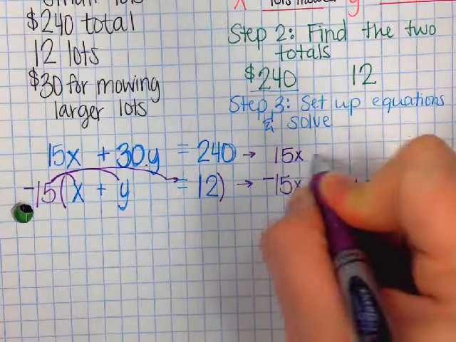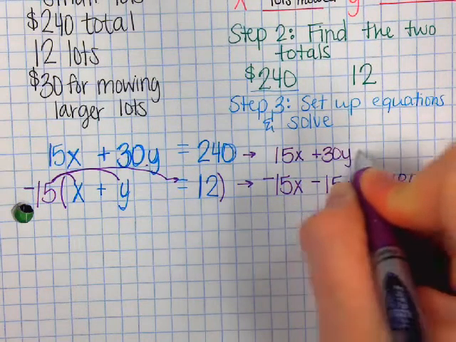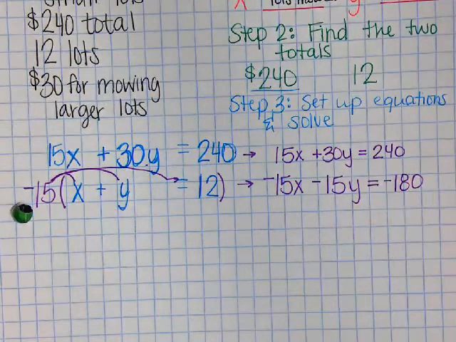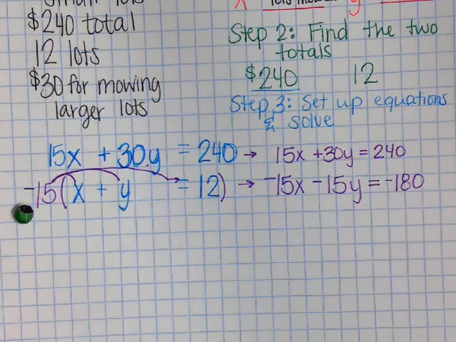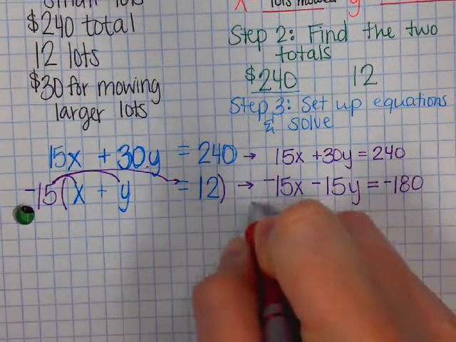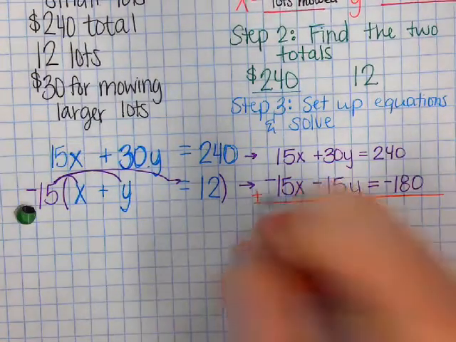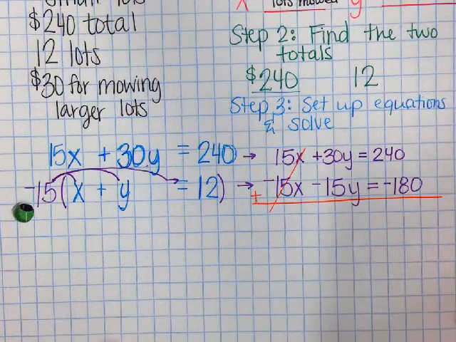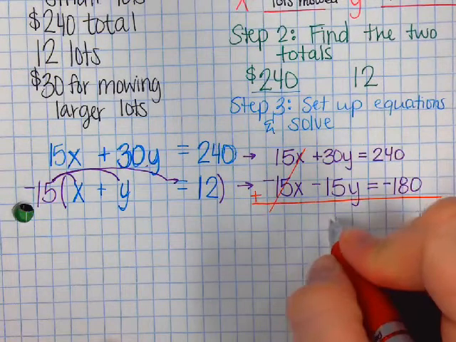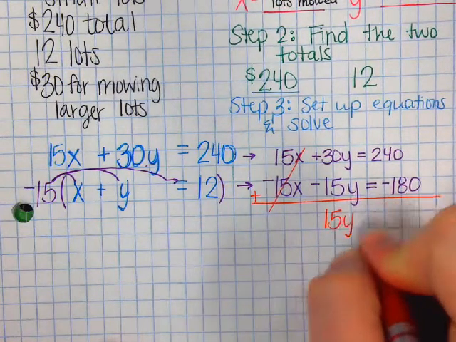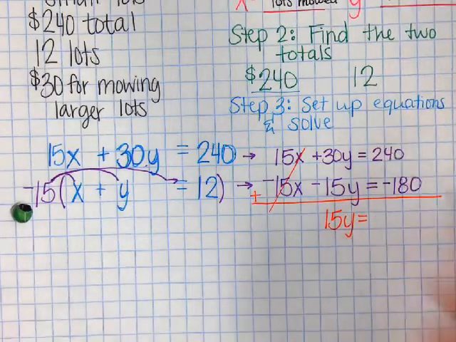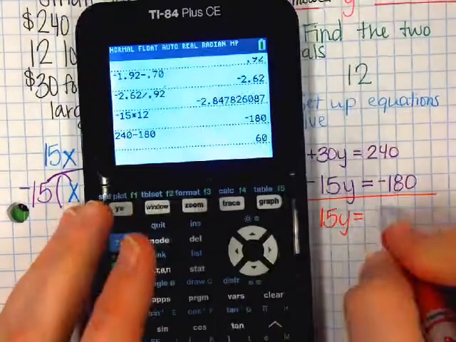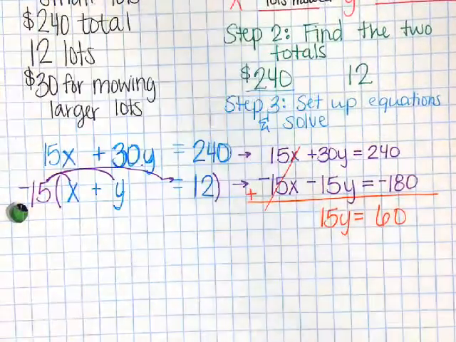Okay, this equation just gets rewritten: 15x plus 30y equals 240. Okay, now we can combine and something will cancel. So 15 minus 15 cancels. 30 minus 15 is 15y equals 240 minus 180 is 60.